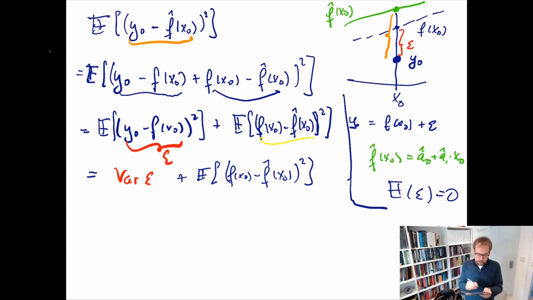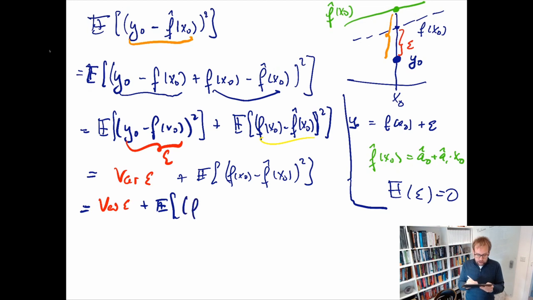So I can now look at this term and add and subtract it. Let me write this down: the variance of epsilon, this is what we have here. And now for the second term, I will write the expectation value, and I do a similar trick as above.